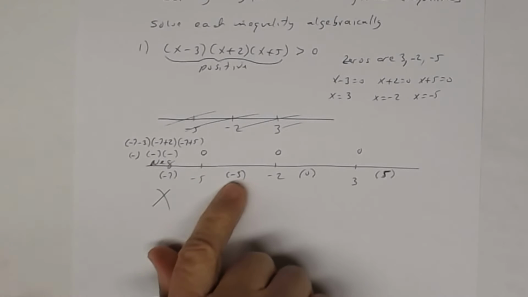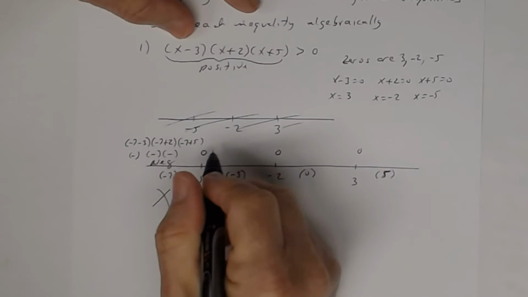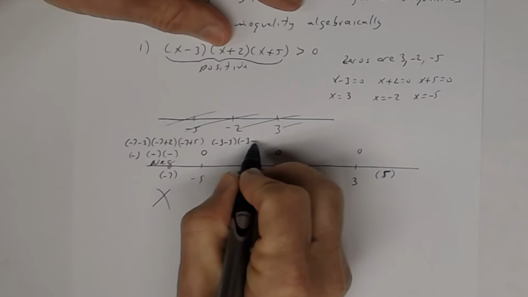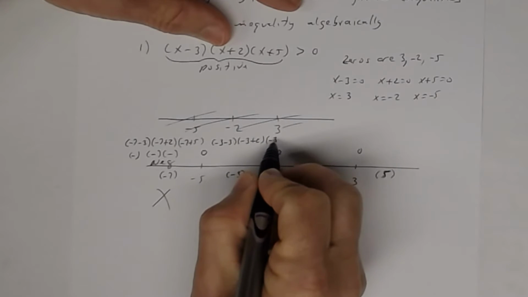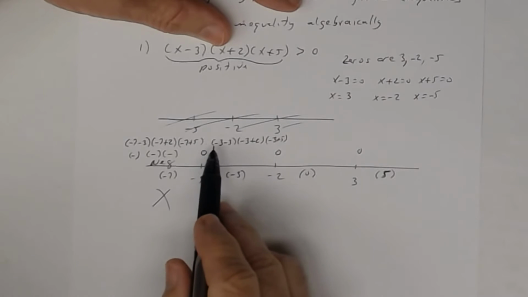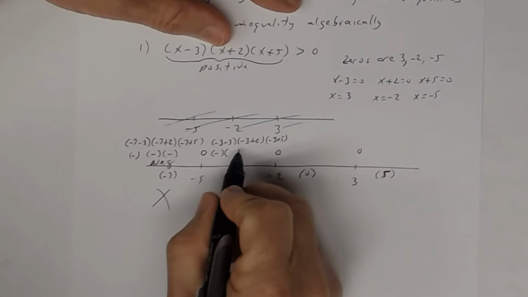Let's go to the next one, -3. When x is -3, here's what I get. I get -3 minus 3 times -3 plus 2 times -3 plus 5. And so -3 minus 3 is a negative number. -3 plus 2 is also a negative number, it's actually -1.